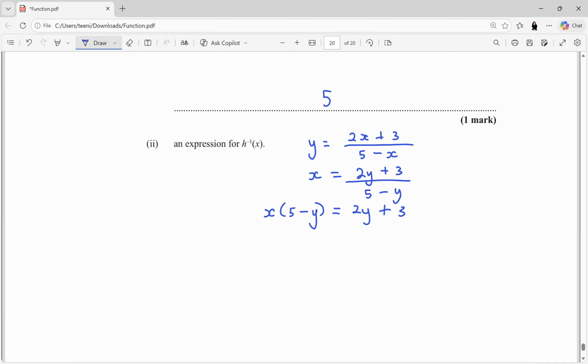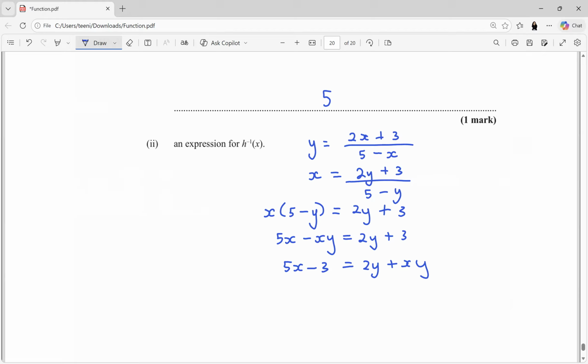So then this would be 5x minus xy equals 2y plus 3. Bring all the y's to one side and carry the x's to the other side. So the terms with y here, you could do 5x minus 3 is equal to 2y plus xy. The reason I did that is because I wanted the y's to be positive, right?